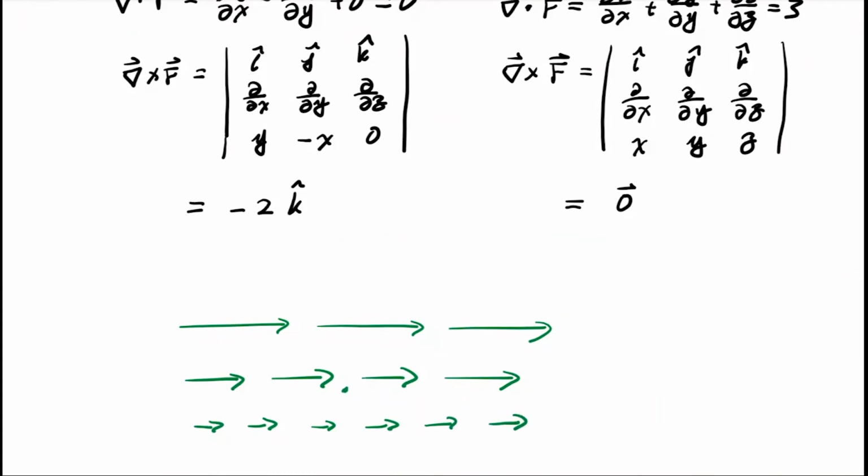At this point, is there a curl? If you measure curl, will you get something positive, something negative, or 0? Some brave souls speak up.